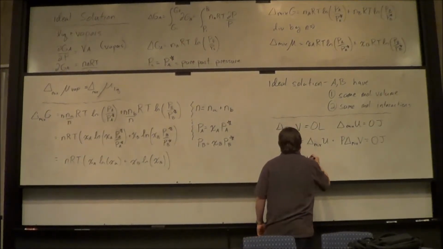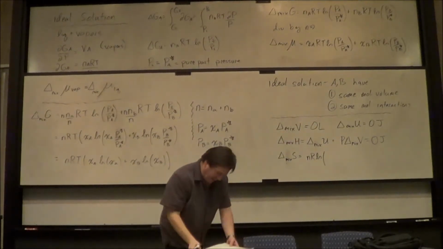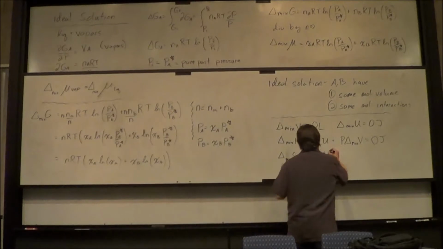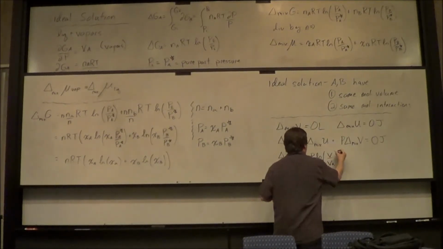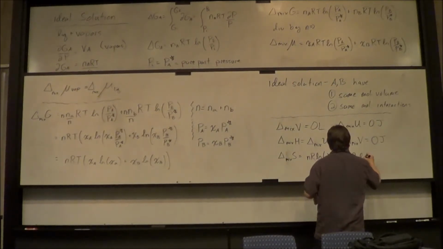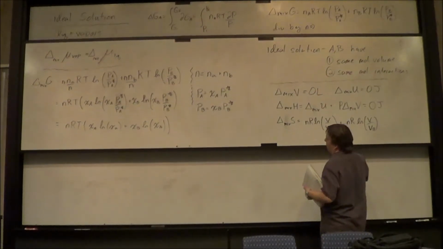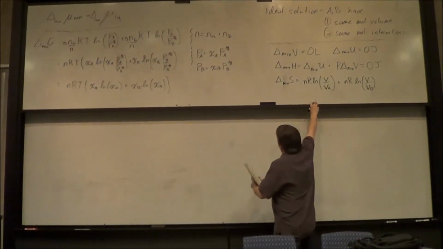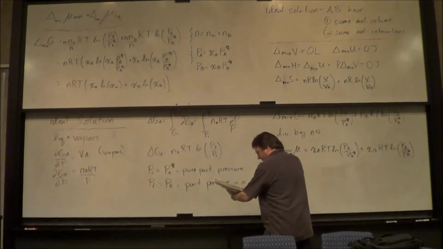Okay, and I'm going to do nR ln of, let's see, it will be the final volume over the original volume of A, and so that is the volume of A plus B. And then you can't forget B. B is just as good as A. Sorry, I painted myself in a corner. I'll have to go to the other board. Here, sorry about that. Well, your notes are better than mine.